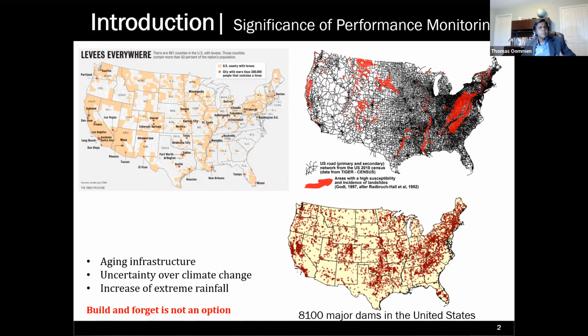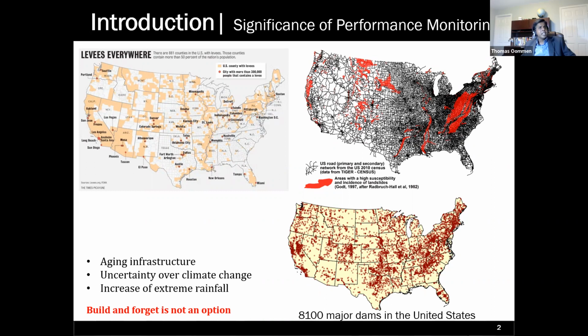The one with the red color shows the landslide hazard map for the US developed by the US Geological Survey. Now, with the overlay of the landslide hazard map on the road network, you can see that there is a large number of road network that is vulnerable to landslides in the US.